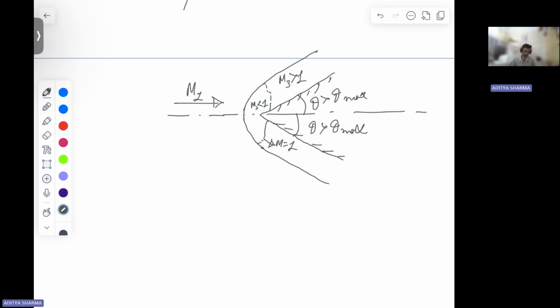So if your flow is in this direction, in front of this wedge, you'll get a bow shock. And with dotted lines, this region has been shown.